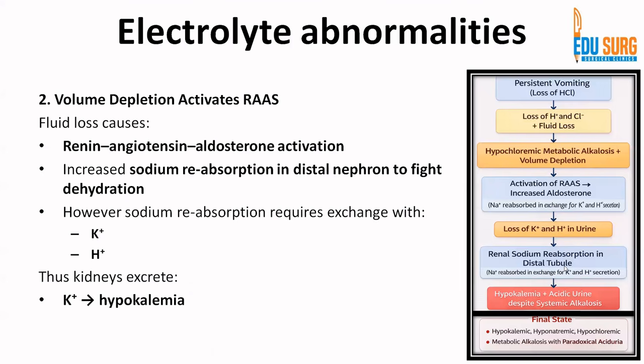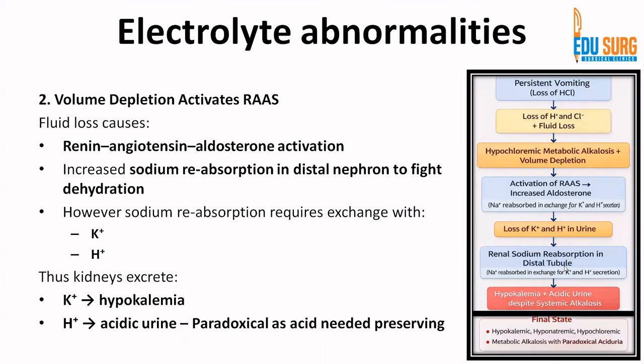So the kidneys will excrete potassium and hydrogen, and this results in an acidic urine, and that is why this is known as paradoxical aciduria, because ideally in metabolic alkalosis you need to preserve acid, but here the acid is getting excreted to increase volume and sodium. So kidneys excrete potassium, so hypokalemia, and H plus, so acidic urine. So that is why this is known as paradoxical aciduria.